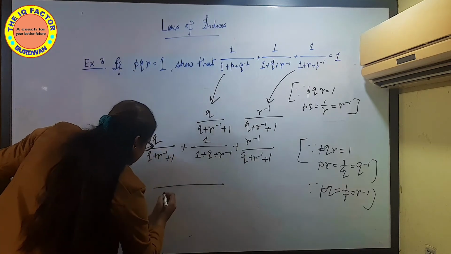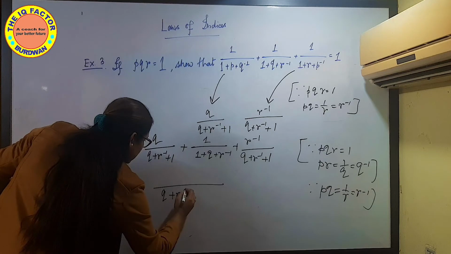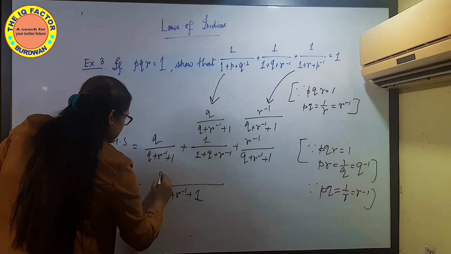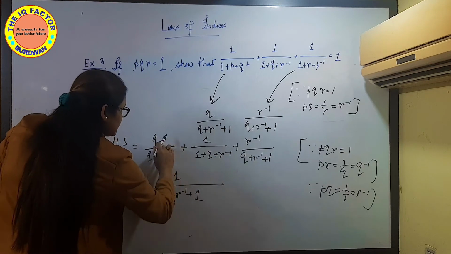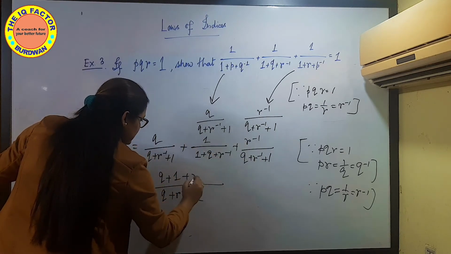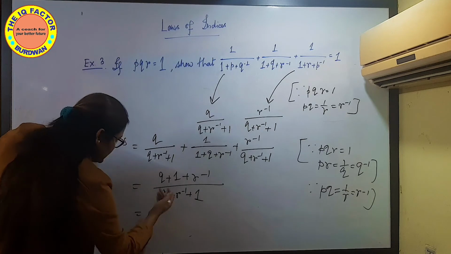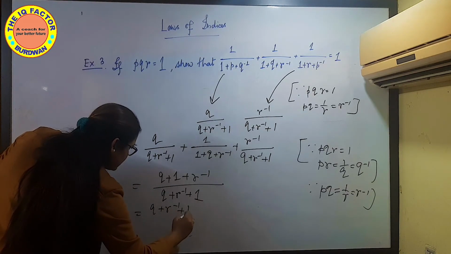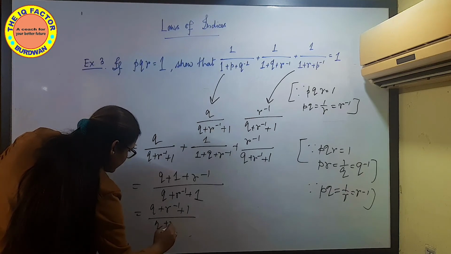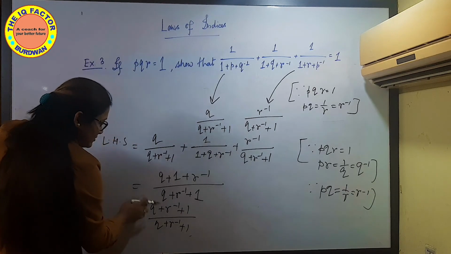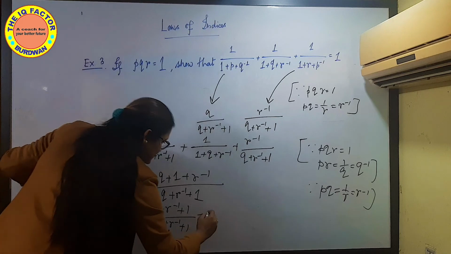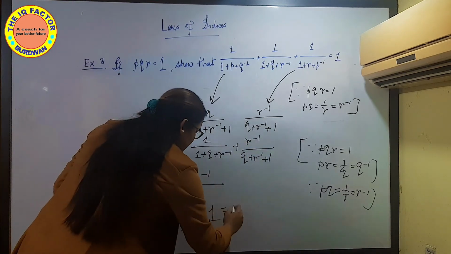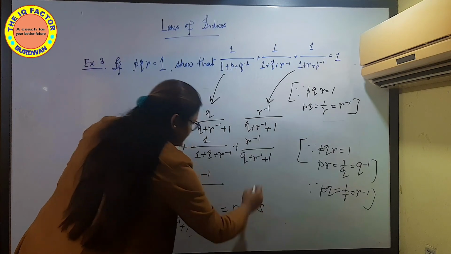So we can write it as Q plus R inverse plus 1 over Q plus R inverse plus 1. So numerator and denominator are the same, so it is 1, which is the right hand side.